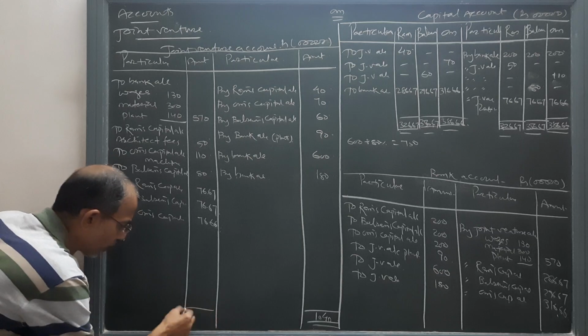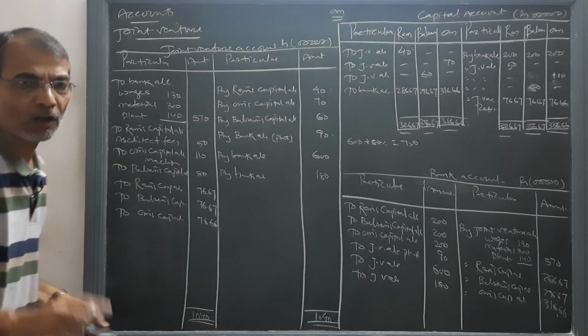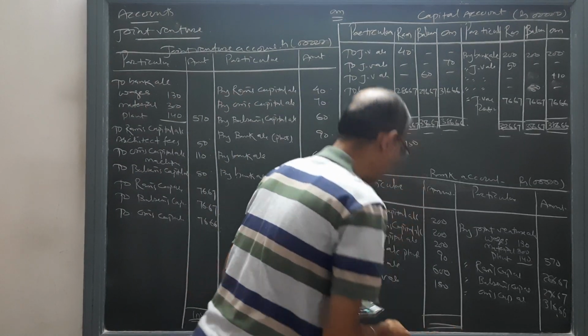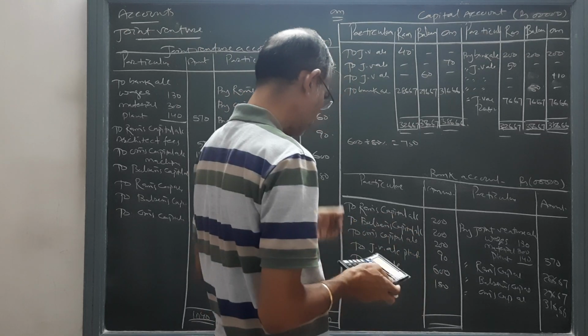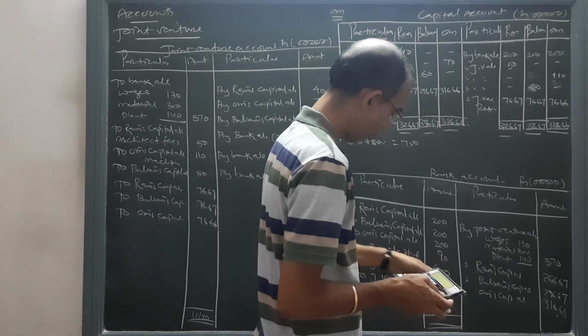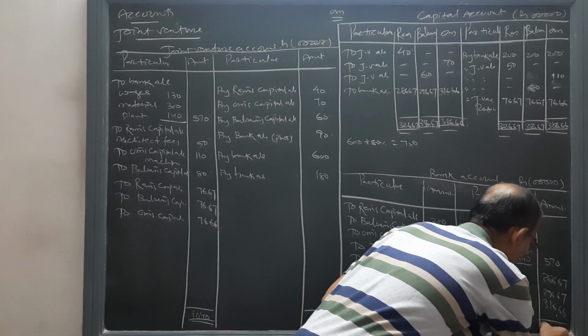While the total of the joint venture account is 1040, and the total of the bank account is 600 and 600, 1200, 1300, 1470.